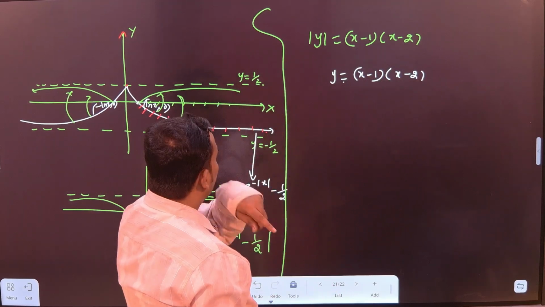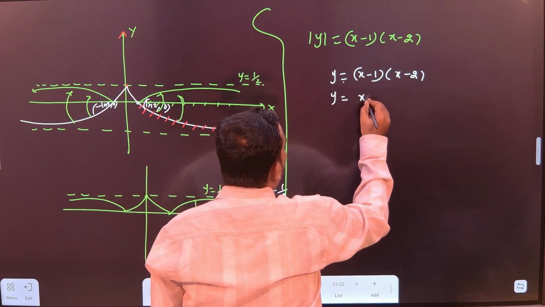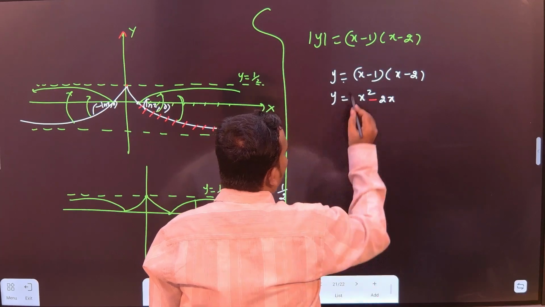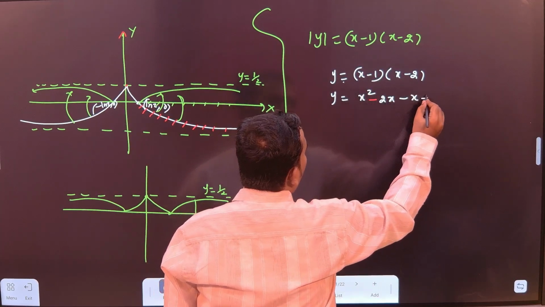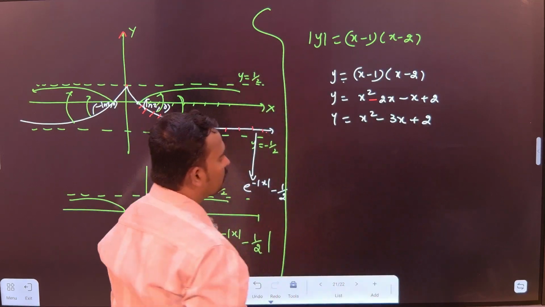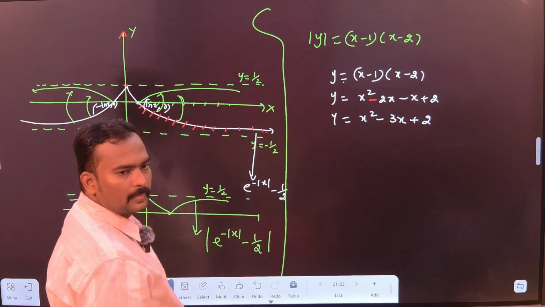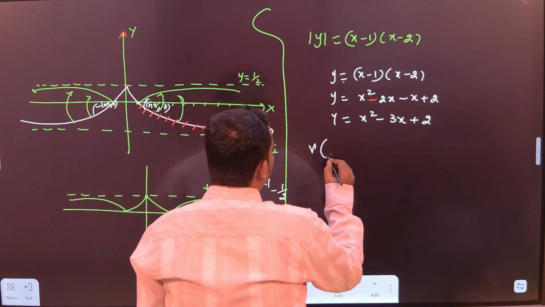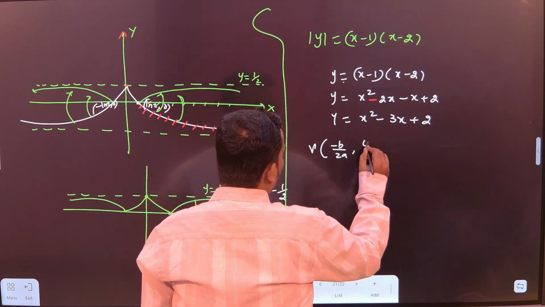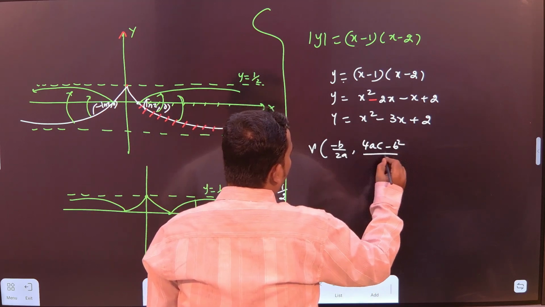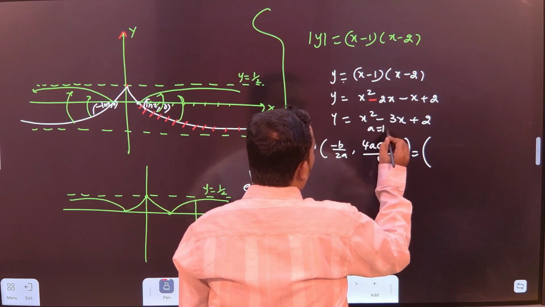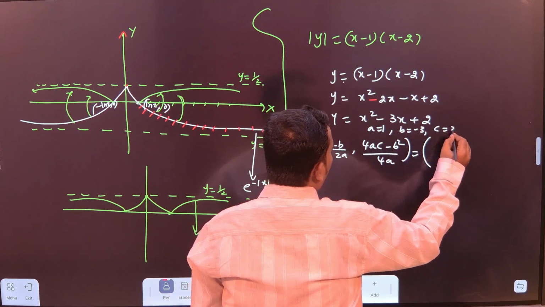You can multiply this out. What will we get? x square minus 2x minus x plus 2. That means y is equal to x square minus 3x plus 2 graph. Then what is the vertex here? Vertex is minus b by 2a comma minus b square plus 4ac by 4a. Here a is 1, b is minus 3, c is 2.